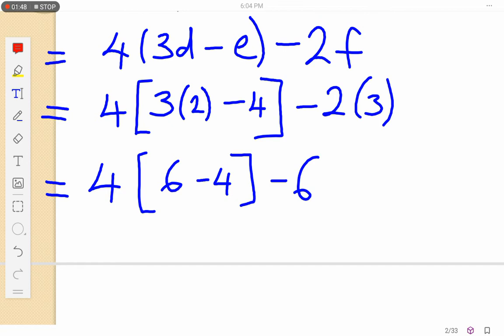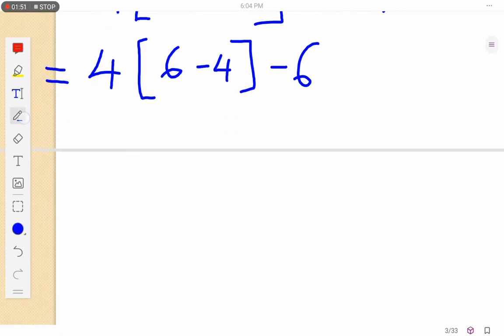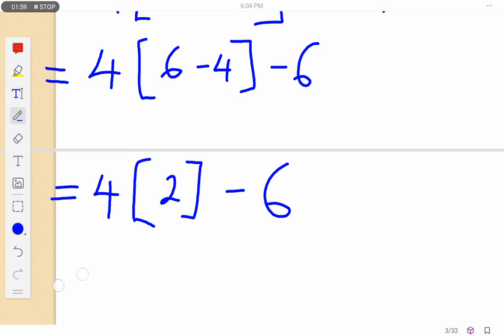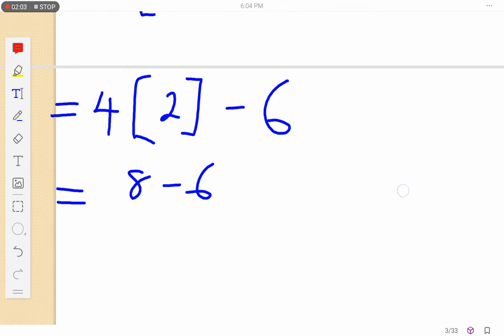Inside the bracket, 6 minus 4, we get 2, then minus 6. Then 4 times 2, we get 8 minus 6, we will get a 2. So that's our value there.